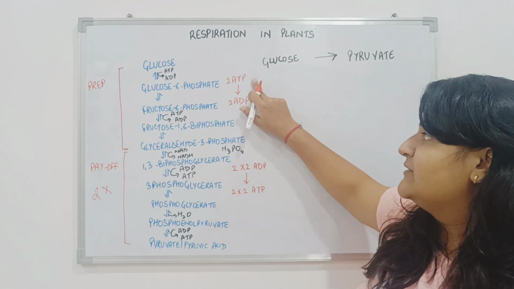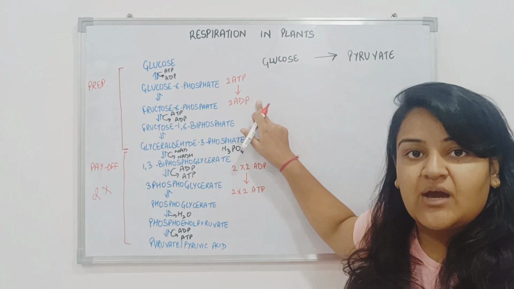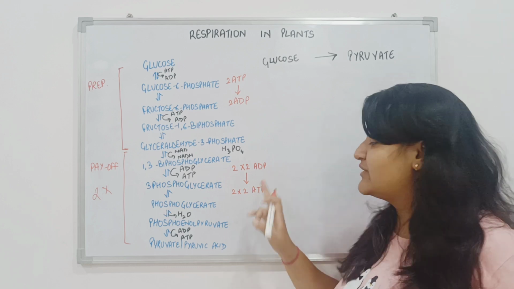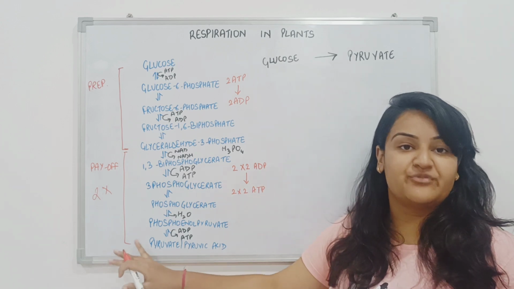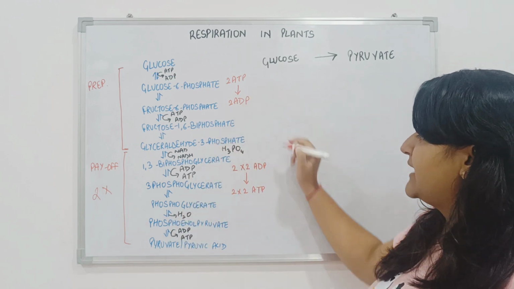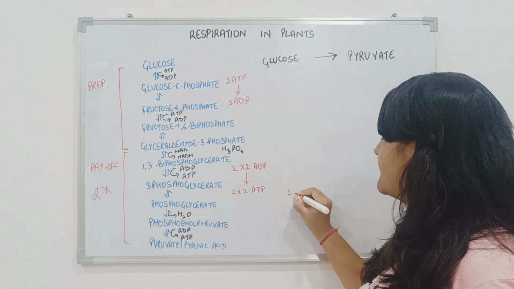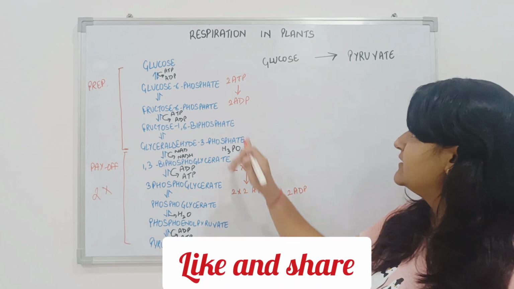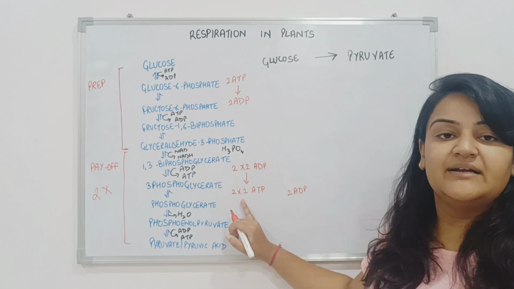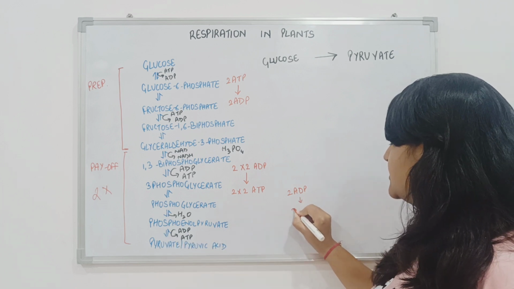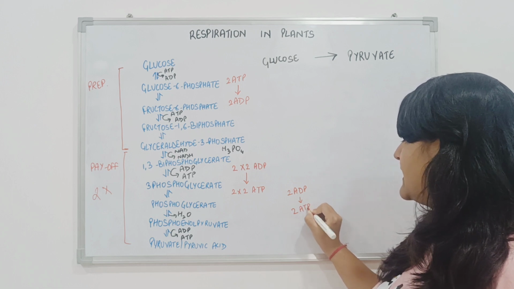So 2 ATP were used to make 2 ADP, but 4 ADP were used to make 4 ATP in the payoff phase. What will be the balance? 2 ATP minus 4 ATP, that means 2 ATP.